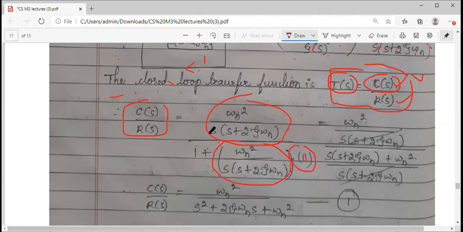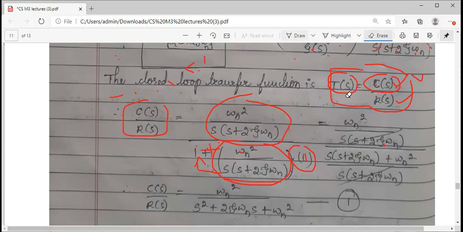So just simplification, what you do, in the denominator term, cross multiply here, I will get this plus, you have plus omega n square divided by this denominator. Taking the LCM, ये numerator वाला same, I have written as it is.